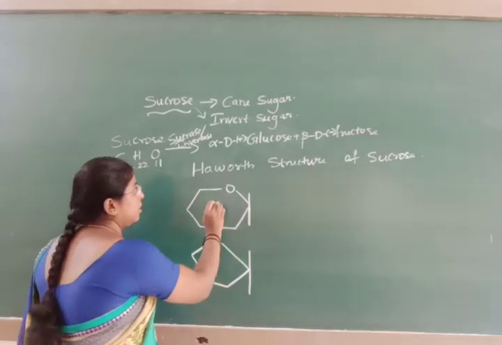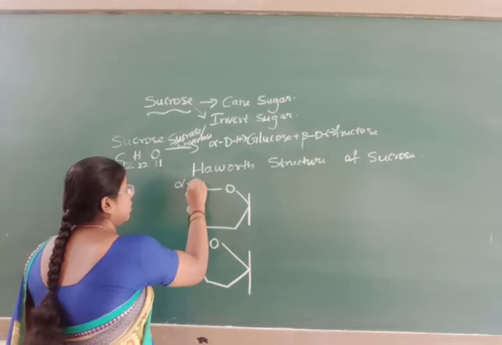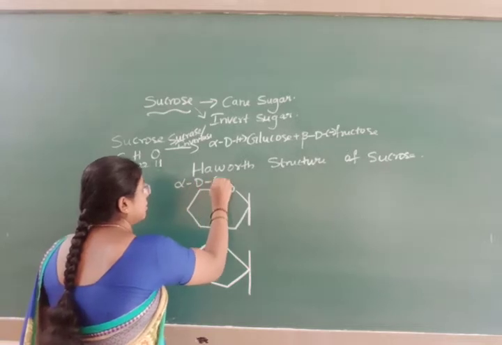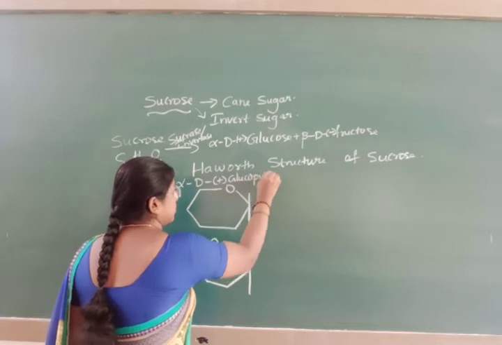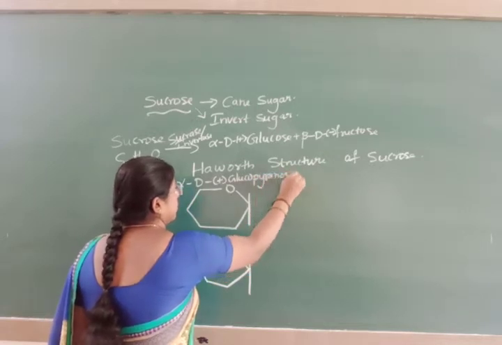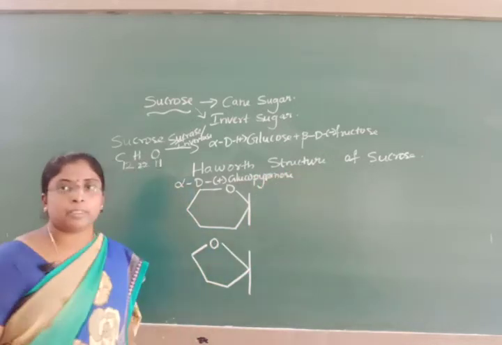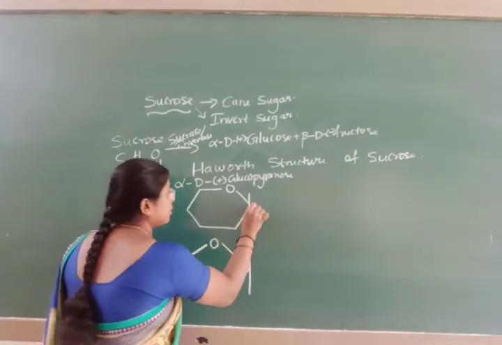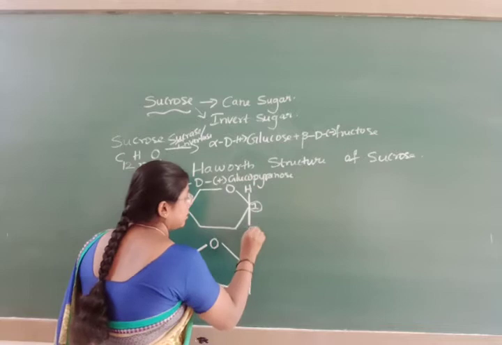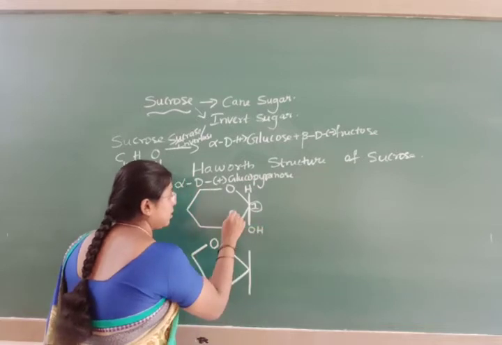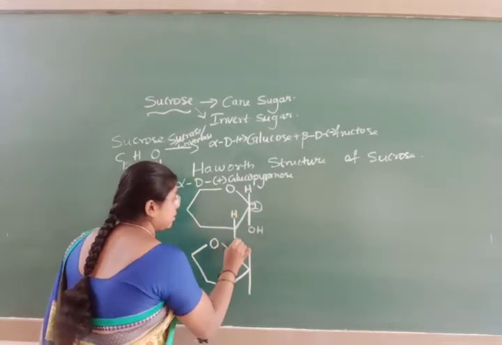This is alpha D plus glucopyranose. The first carbon has H, OH, the second carbon has H, OH.